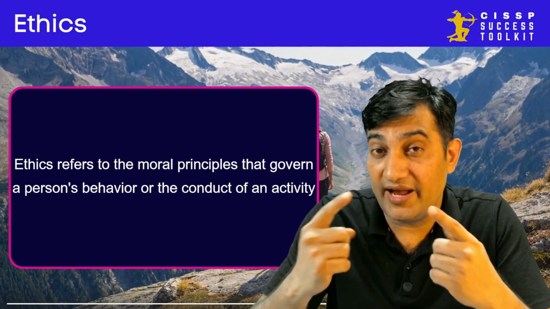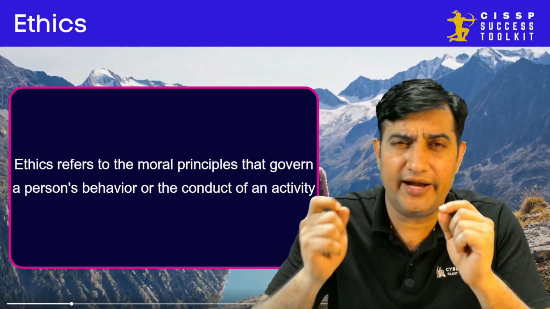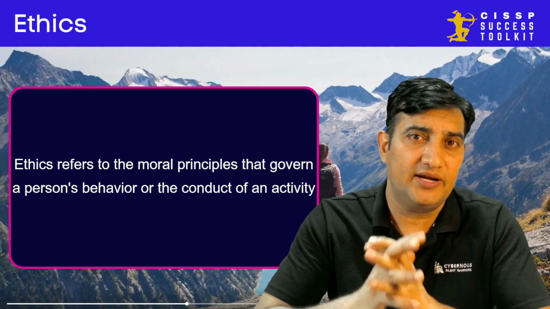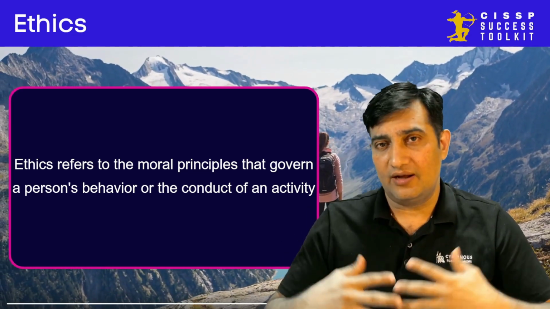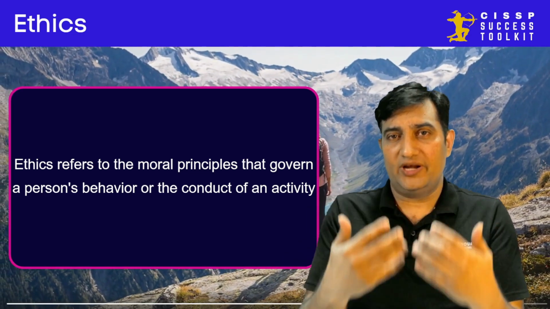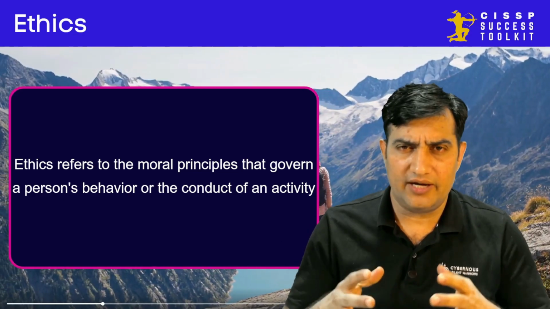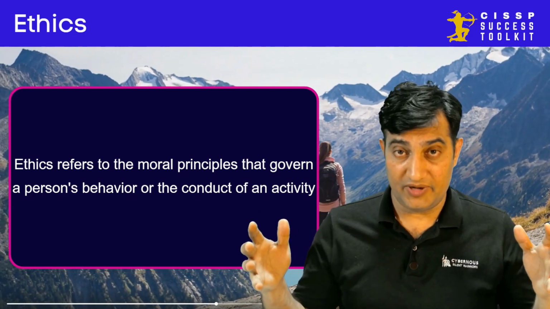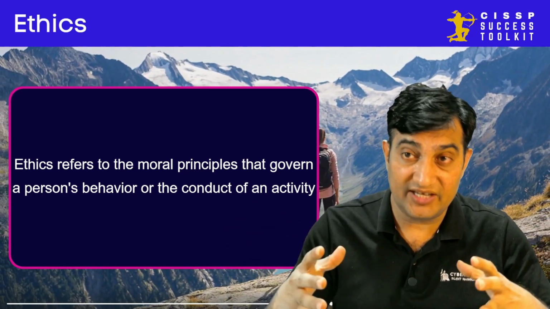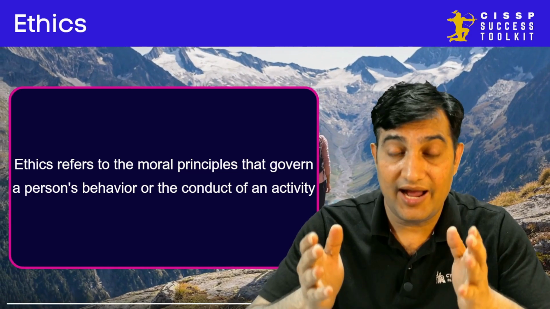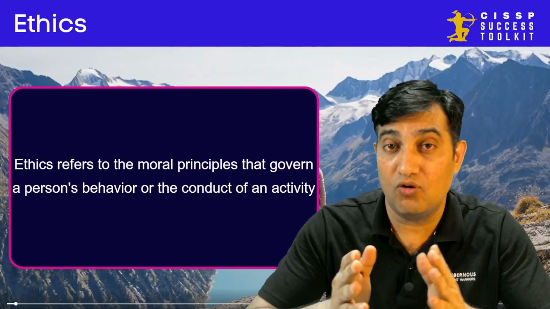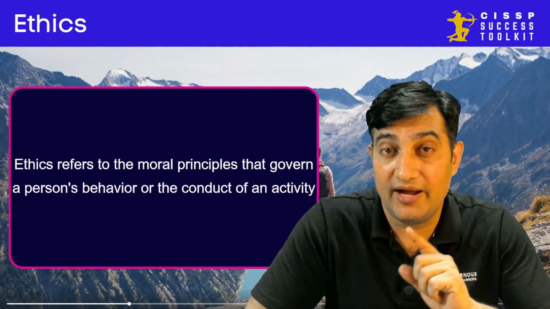Everybody may have different ethics in a particular company, and that can be a big challenge for any company, and that is why companies are coming up with something called organizational ethics, so that all of the employees in the company follow the same ethics, which is documented and which comes in the form of mandatory ethics training.